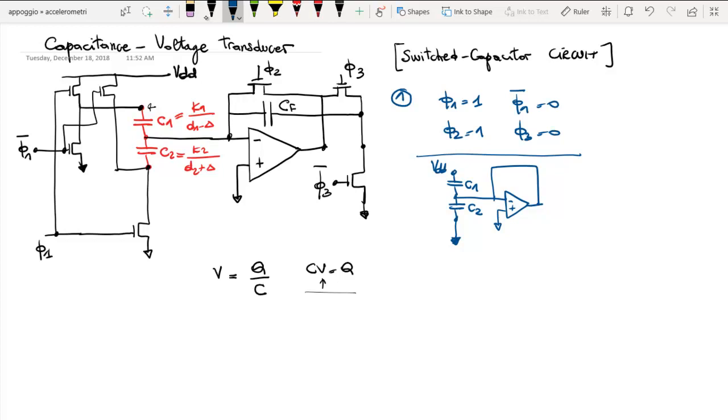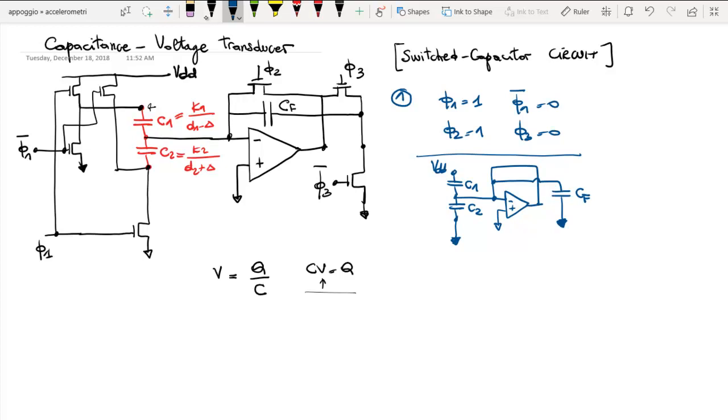So phi 3 negated is 1, which means that the capacitance CF is connected to ground. So what does it mean here? How do we interpret this circuit?